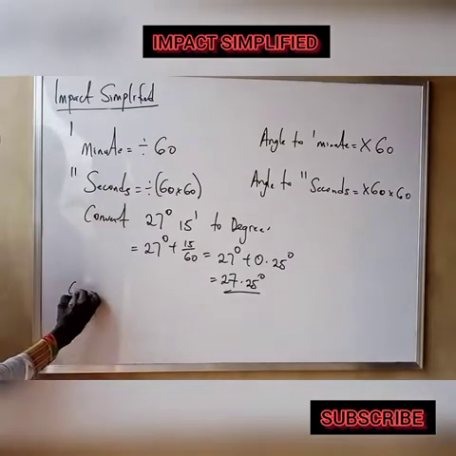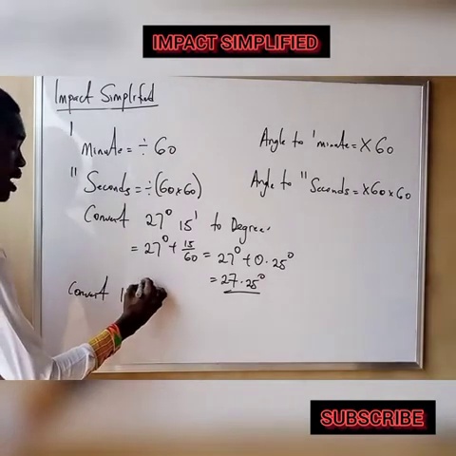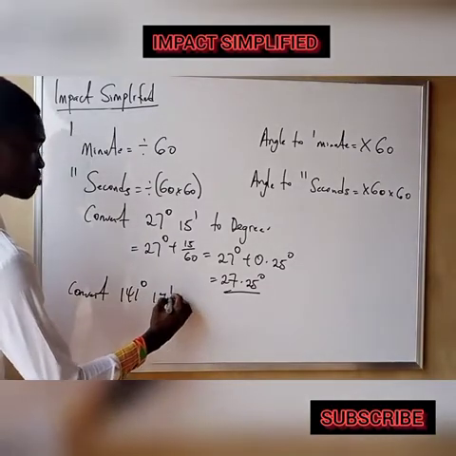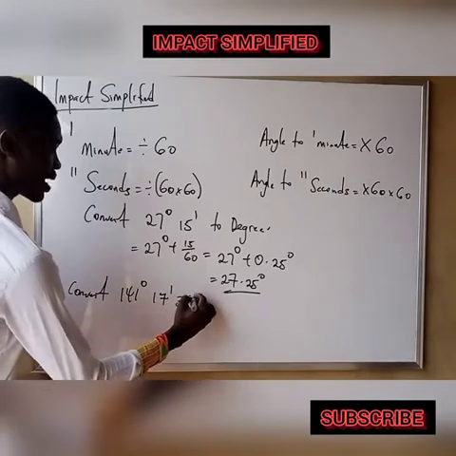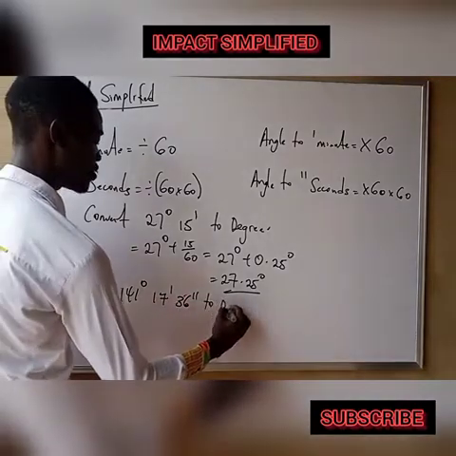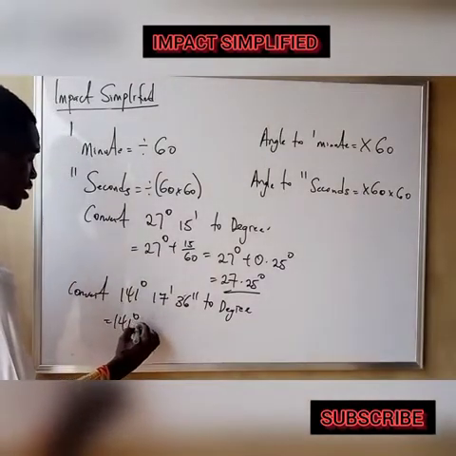It's simple. Now let's look at this again. They say we should convert 141 degrees 17 minutes 36 seconds to degrees. So how can we solve this? The 141 is already in degree form.